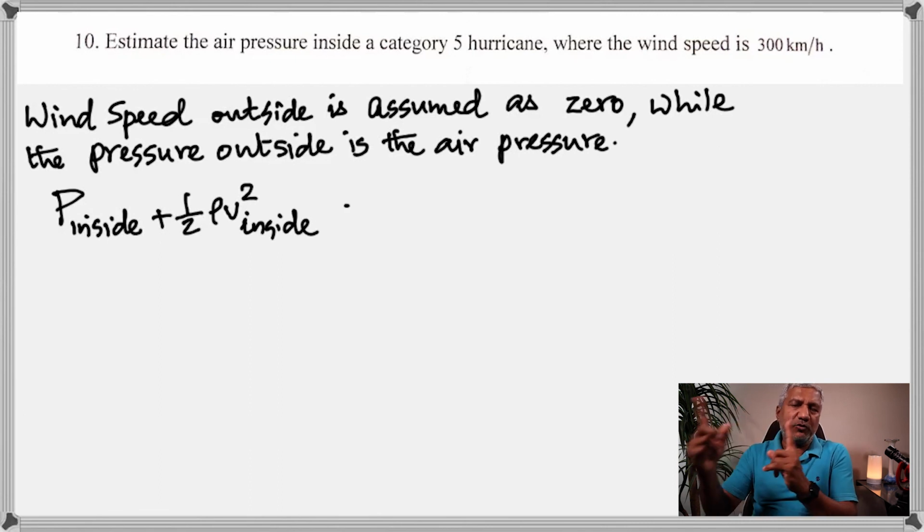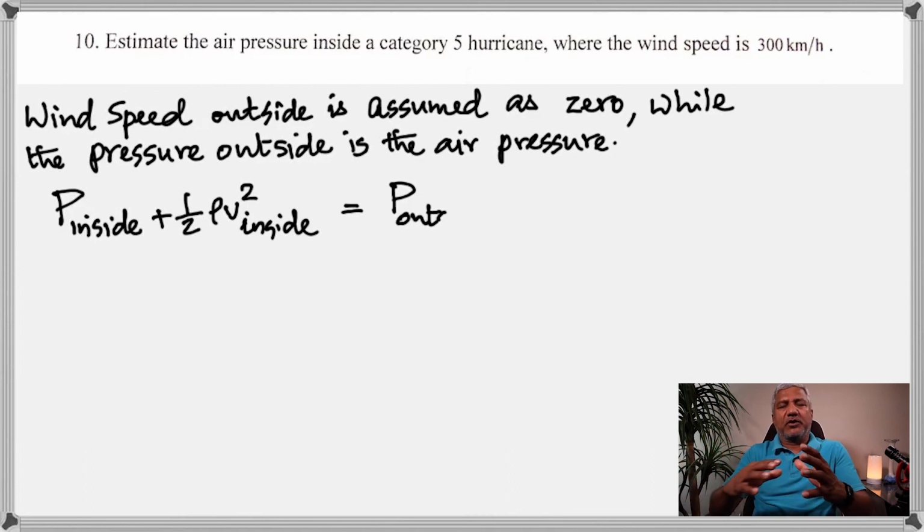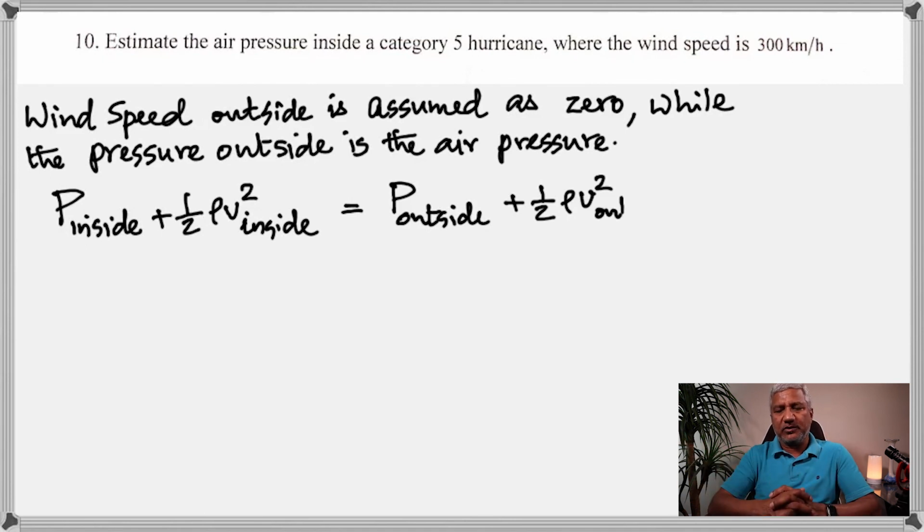And now we have our 2 points. The 2 points are, one is the outside, the other is the inside. And then applying Bernoulli's principle, which is coming right there. I've written it as inside and outside instead of writing it as P1 and P2 just to avoid confusion. We are looking for the pressure inside, so that's what we're trying to find.